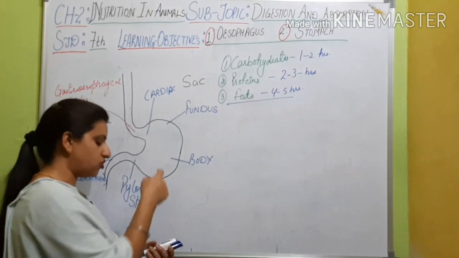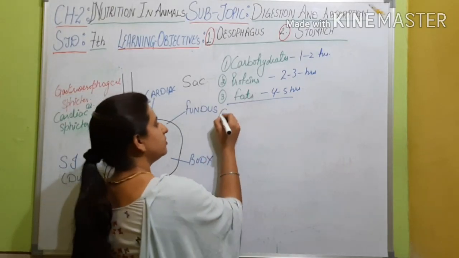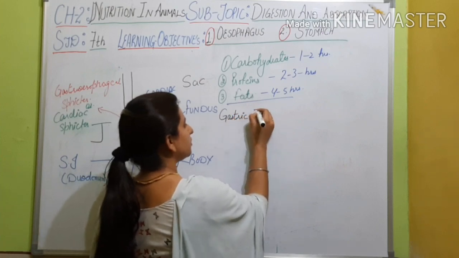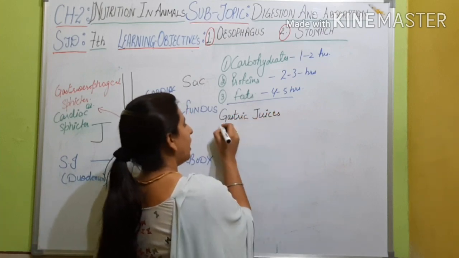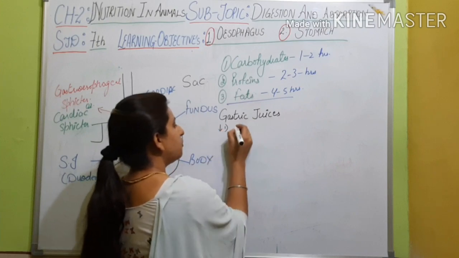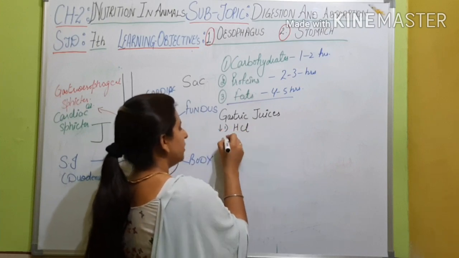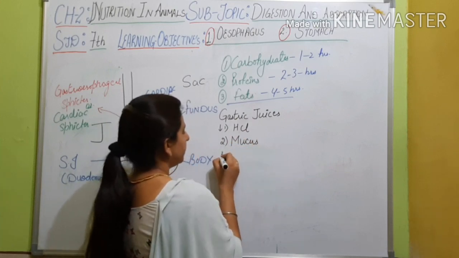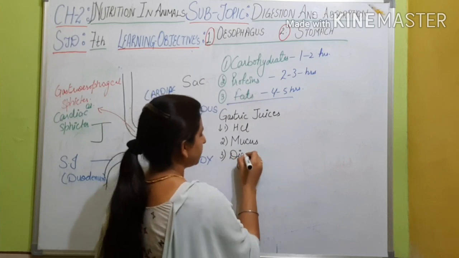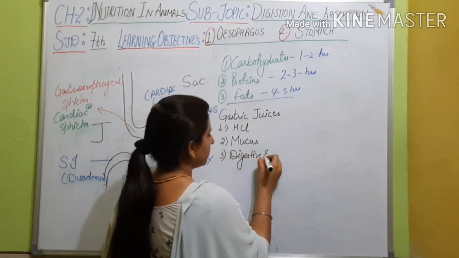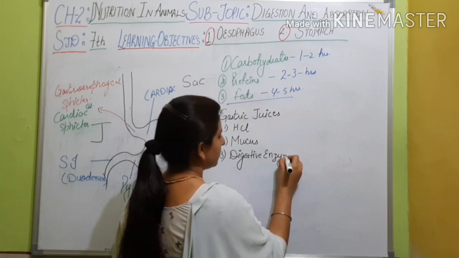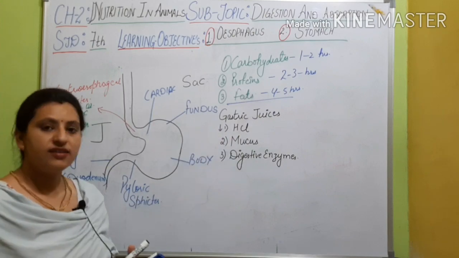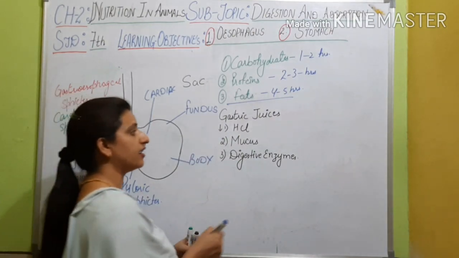The stomach has gastric juices, and these gastric juices are: first is HCl, second is mucus, and the third one is digestive enzymes. These gastric juices are secreted by the gastric glands.